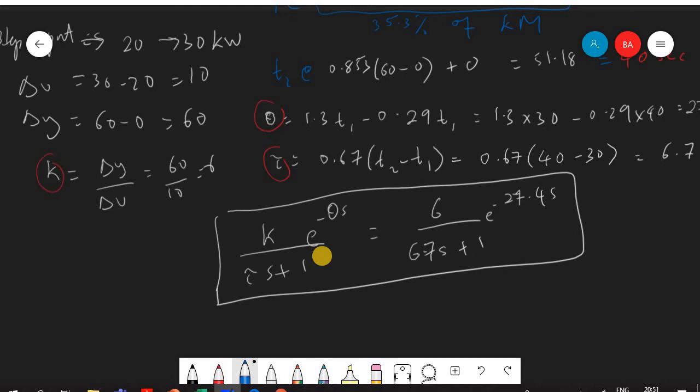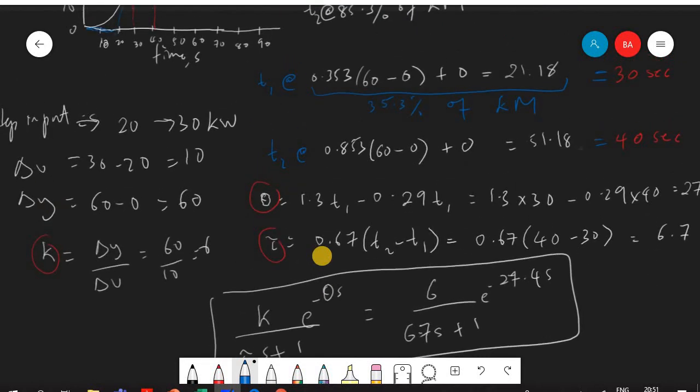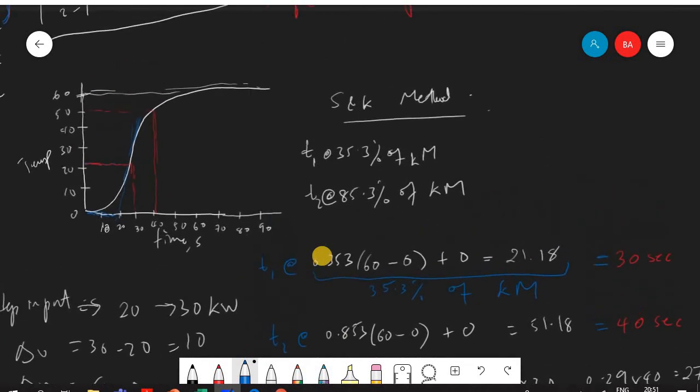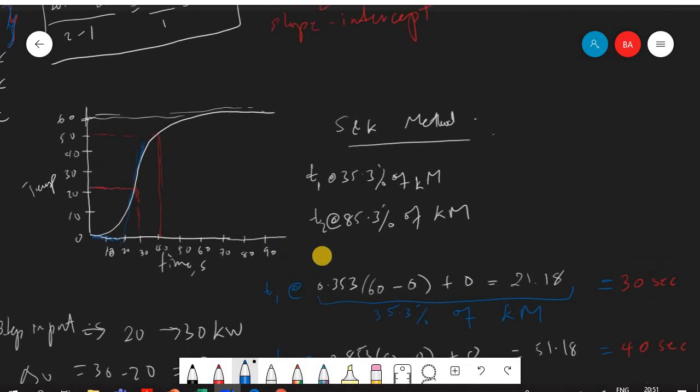Now, considering that I don't want to use the SNK method, I want to use the slope-intercept method. Here I will use the 63.2% point. 63.2% is 0.632 multiplied by 60 minus 0 plus 0, so the answer here will be 37.92.